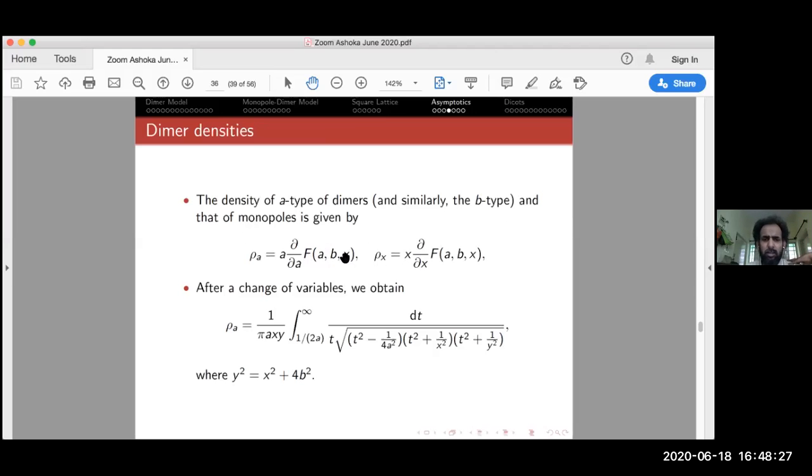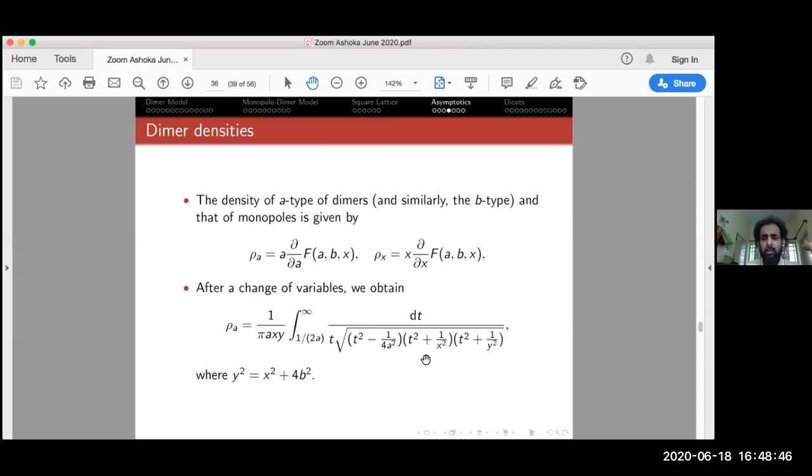So let's look at the row of A. You differentiate it under the integral sign, and you can integrate one variable out, and then you get an integral like this, where this parameter y is the square root of x squared plus 4b squared.